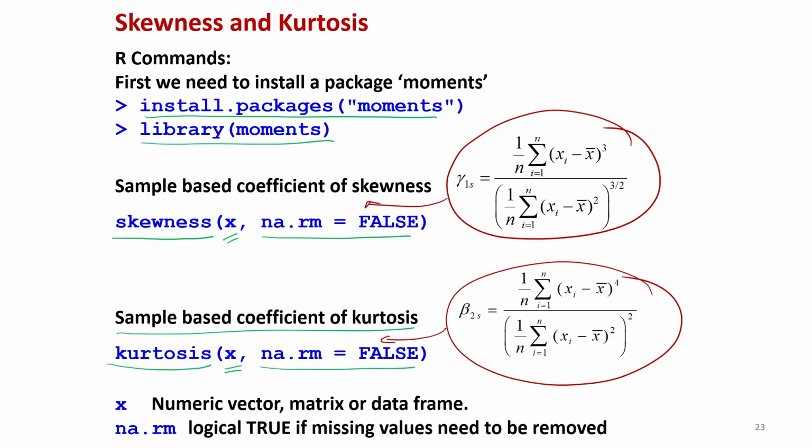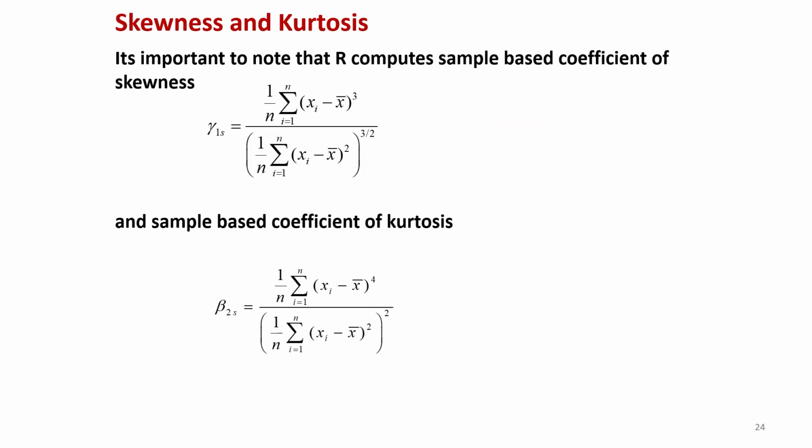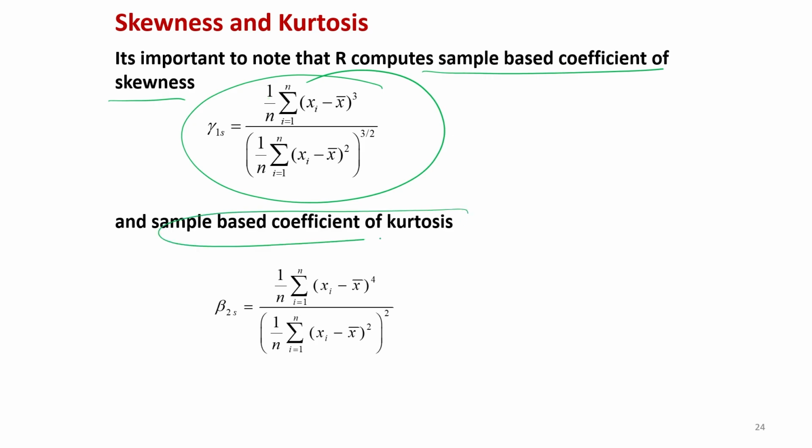Sometimes people say that it is either beta 1, beta 2 or gamma 1 or gamma 2, right. So, I am writing it here again very clearly that it is very important to note that in the R software, the sample-based coefficient of skewness is computed by gamma 1 s, and the sample-based coefficient of kurtosis is computed on the basis of beta 2 s, right.